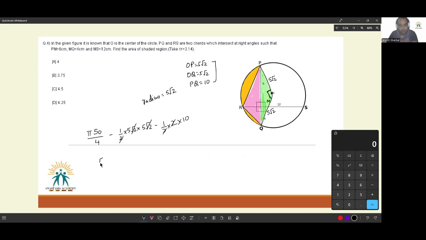We have 12.5 pi. 12.5 into 3.14 minus 35. This is what we are calculating. So let me do 12.5 into 3.14 minus 35. Our final answer turns out to be 4.25, so option D is the right answer.